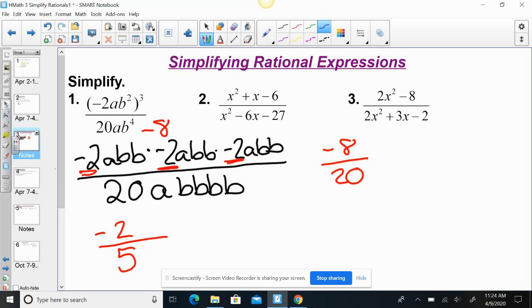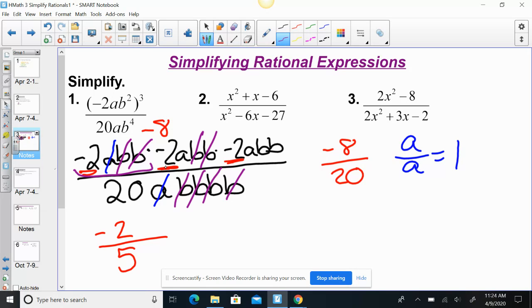Now I want to look for some other factors. I can take one of these a's divided by one of these a's. A over a is just 1, so I do not need to worry about multiplying by 1. Those are essentially gone because they become a form of 1. And then I can take this b with this b, which reduces to 1. Another b can be reduced. Any top with any bottom, as long as they are exactly matching.